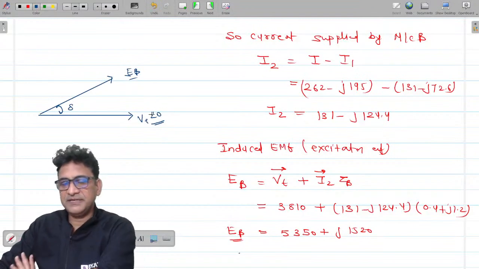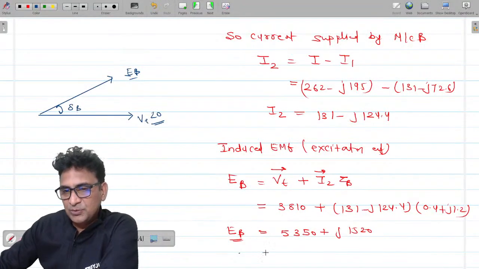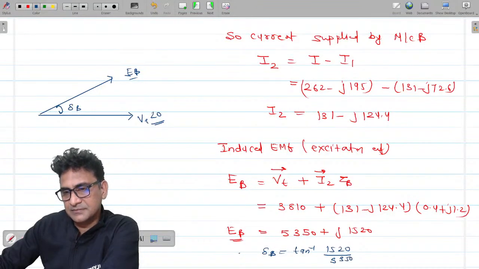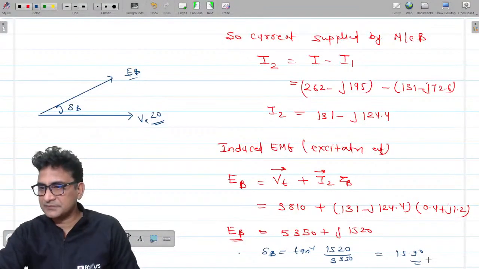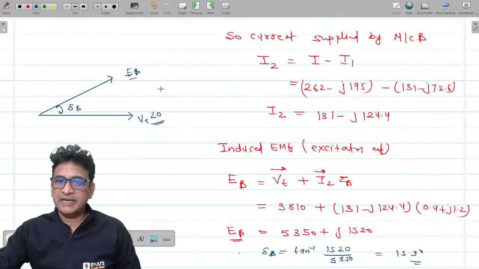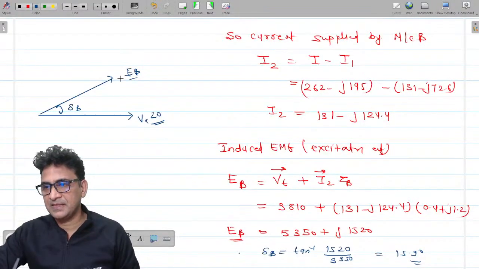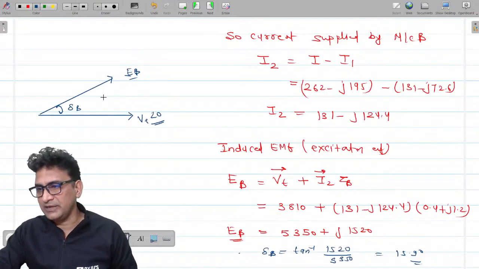The angle of VT is 0, so the angle of EB will be the load angle delta B. How to find it out? Tan inverse of the imaginary part divided by the real part. It will come 15.9 degrees, because load angle is nothing but the angle between terminal voltage and the excitation EMF. The angle of VT is 0 because we have assumed VT as the reference quantity, so whatever the angle of EB is, that is the load angle.